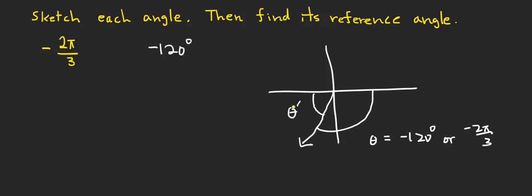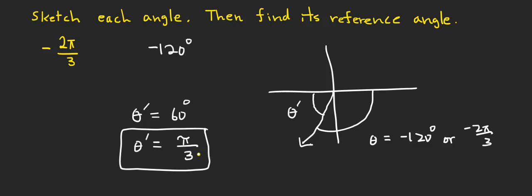It should be 60. So theta prime is going to be 60 degrees. But in this case, we started with radians, so let's finish with radians. Change 60 degrees to radians, you get pi over 3, because 180 divided by 3 is 60 degrees. So that is the reference angle.